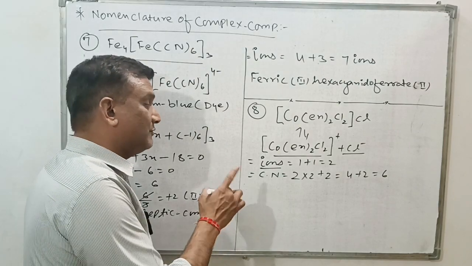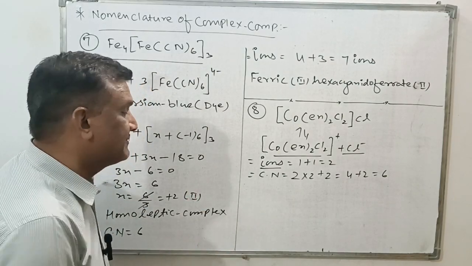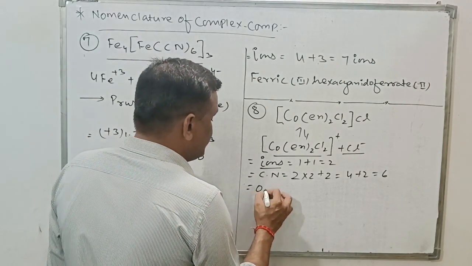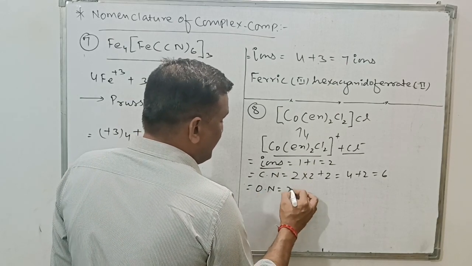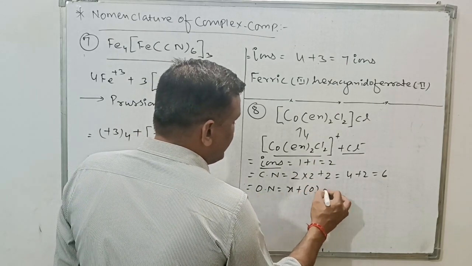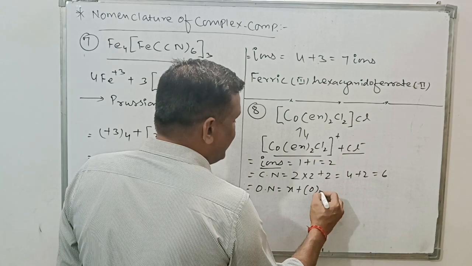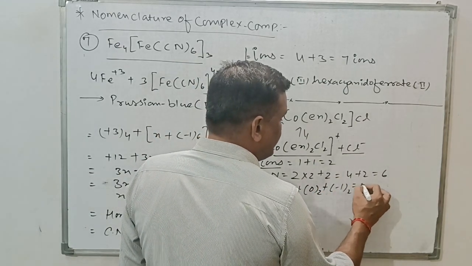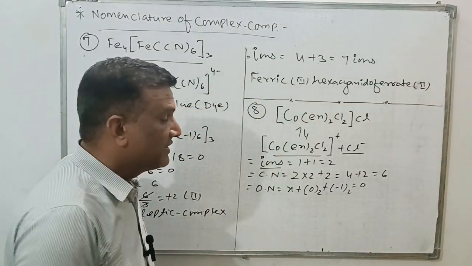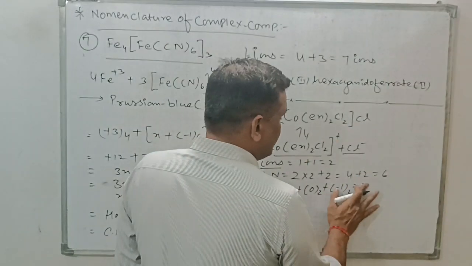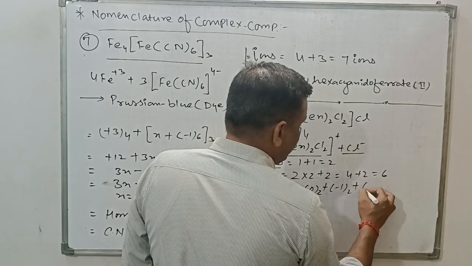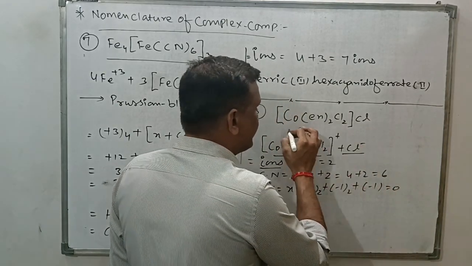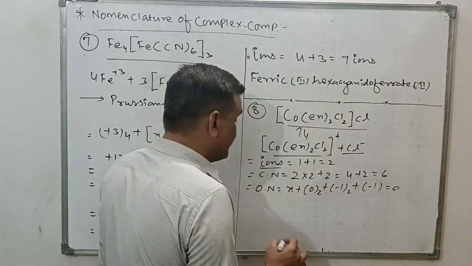Now after the coordination number, the oxidation state. Co is x. En is neutral, a bidentate ligand, so it will be 0. Cl is minus 1, total number is 2, so minus 2. But here is one more Cl also, so we write minus 1 along this compound.